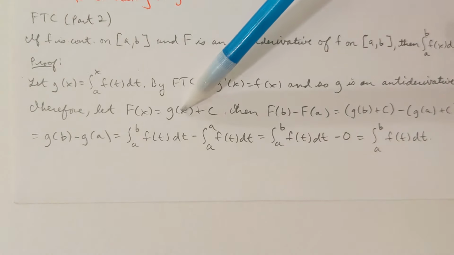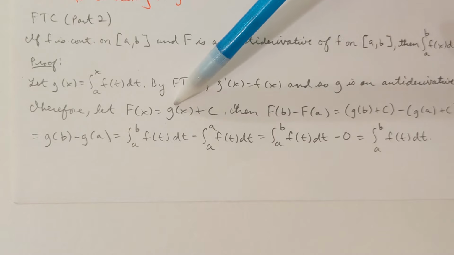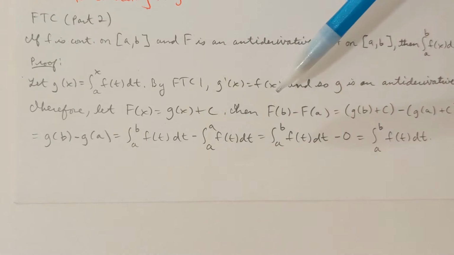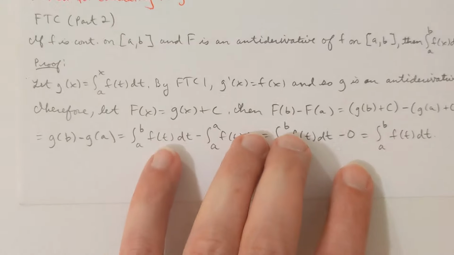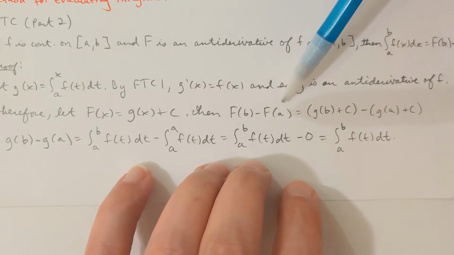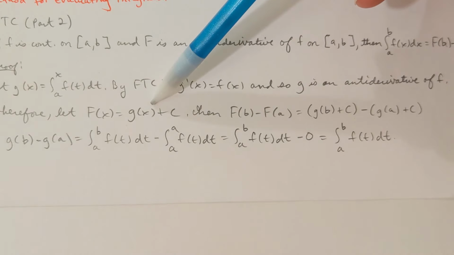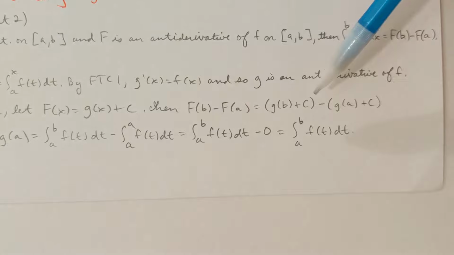Remember that the derivative of a constant is always 0. So g prime of x would be equal to little f of x. Capital F is the antiderivative of little f. Then capital F of b minus capital F of a would be g of b plus c minus g of a plus c.